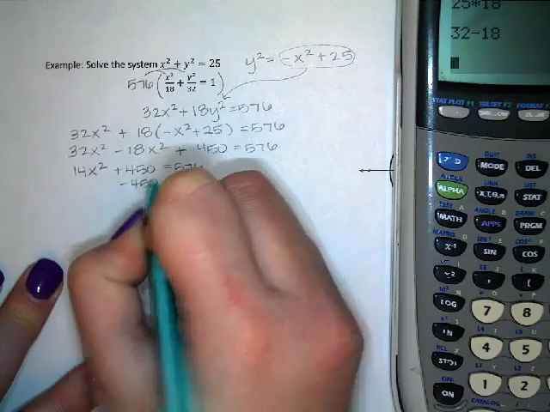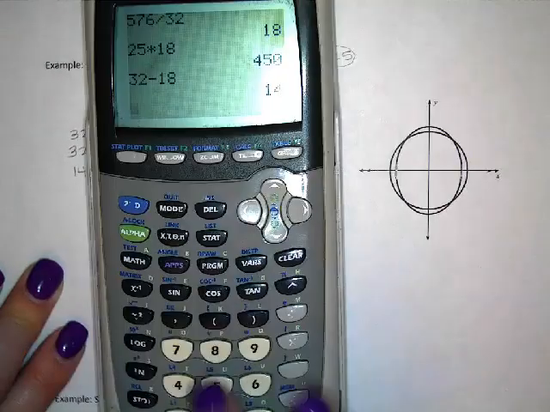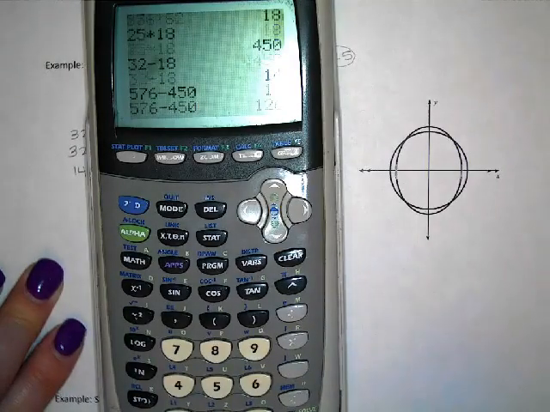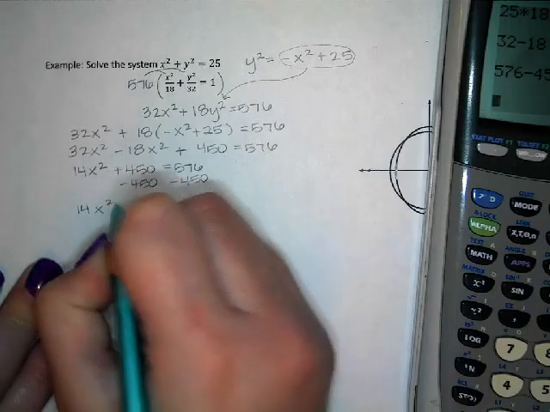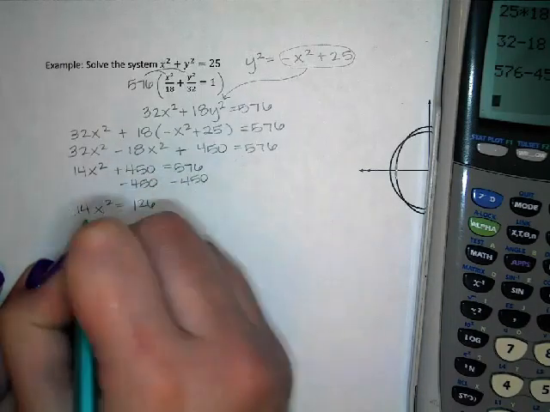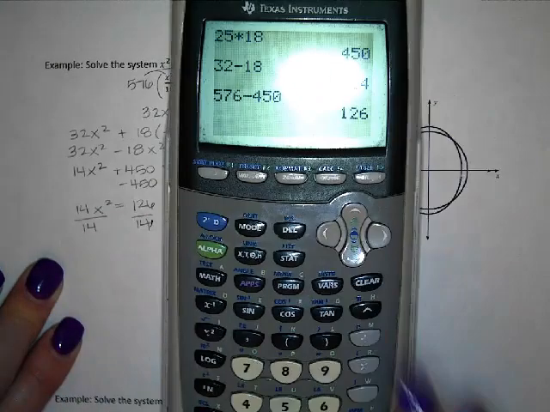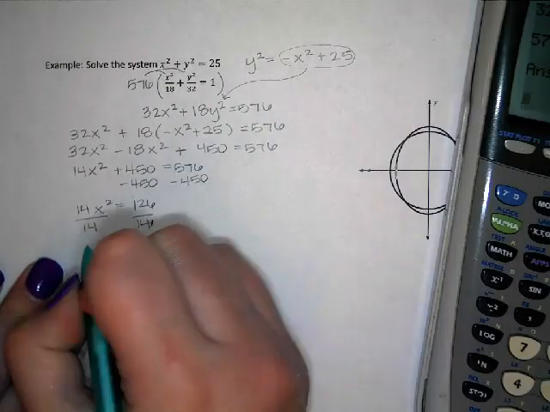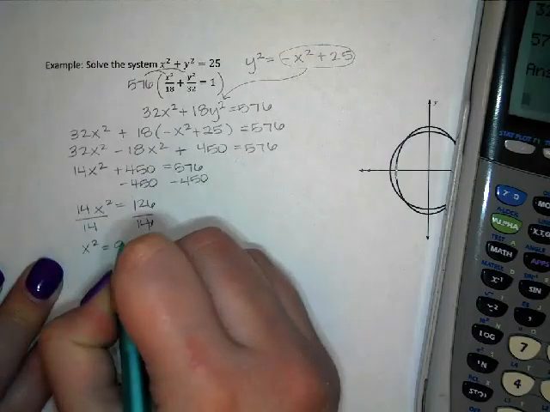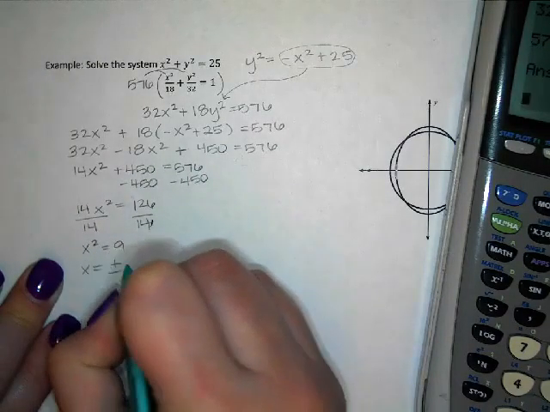and I'm going to get the x squared alone on the left side. So we'll get the x squared completely isolated. So x squared is 9, and so that means x is plus or minus 3.